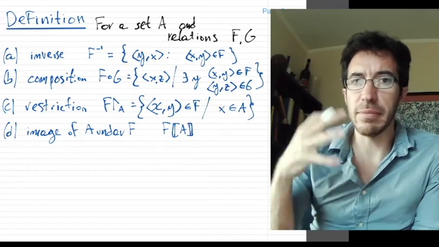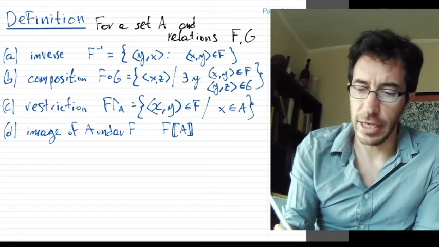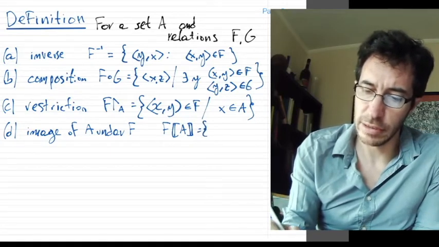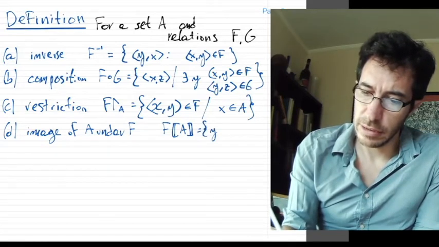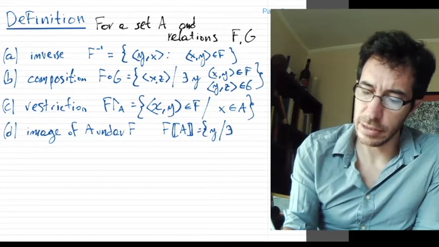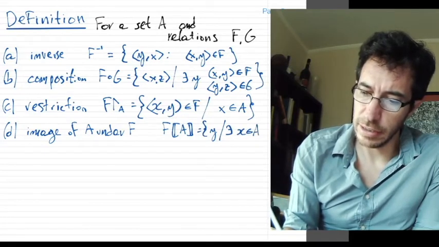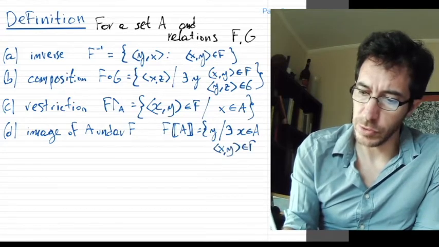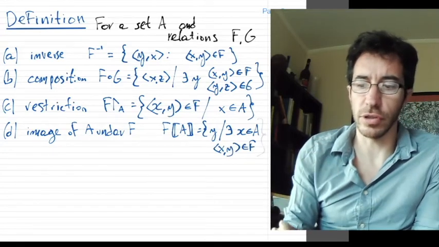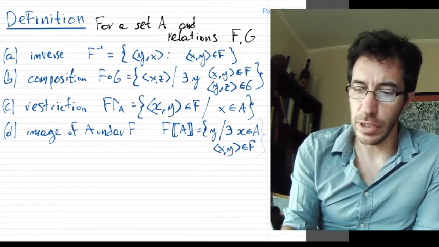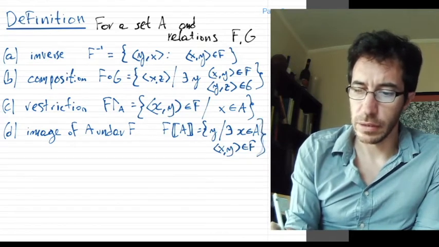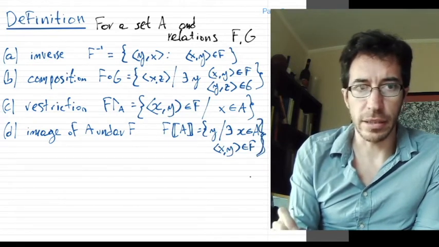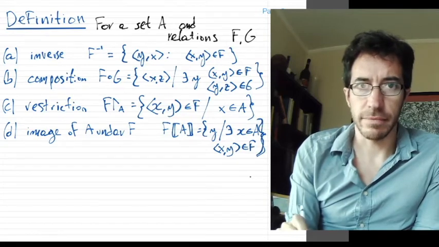It's going to be the image of all the elements of A. So it's the set of all the y's such that there exists an x in A such that x comma y belongs to f. All the y's that are related to somebody in A.